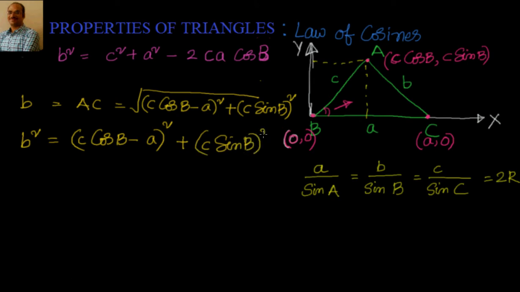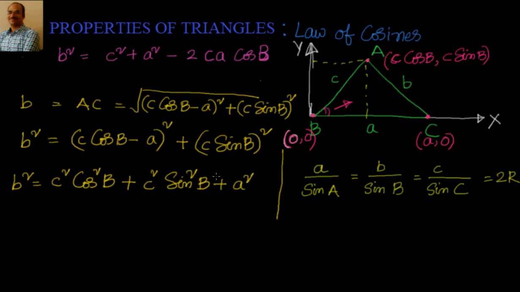Now let's expand this. There's nothing much. b square equals c square cos square B, and also from here I will have c square sin square B, and (c cos B minus a) whole square gives a square minus 2ac cos B. Now you can see we can take c square common: c square into (cos square B plus sin square B), and cos square theta plus sin square theta is 1, we know that.